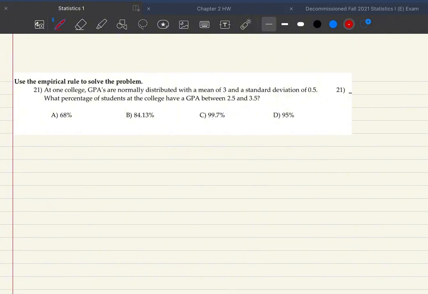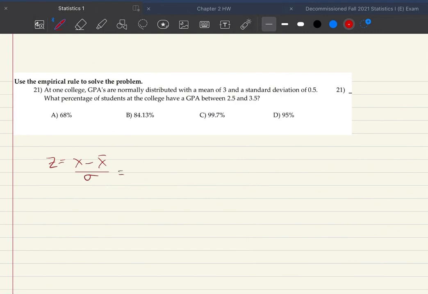At one college, GPAs are normally distributed with a mean of 3 and a standard deviation of 0.5. What percentage of students at the college have a GPA between 2.5 and 3.5? So we will find the z-score. The z-score is equal to the given number minus the mean, divided by the standard deviation.